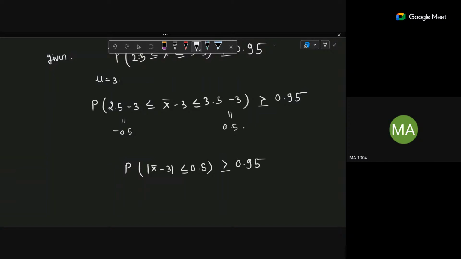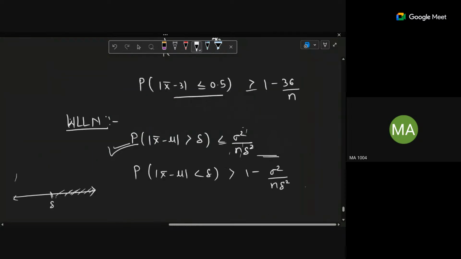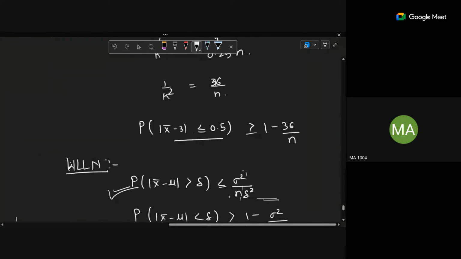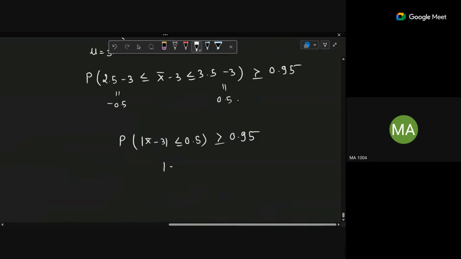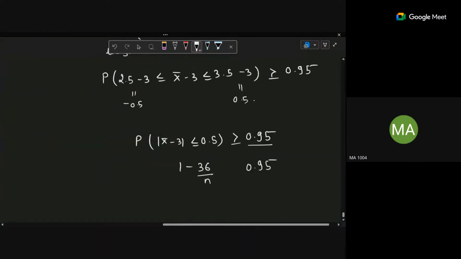Modulus. The probability that modulus of x bar minus 3 is less than or equal to 0.5 is greater than or equal to 0.95.